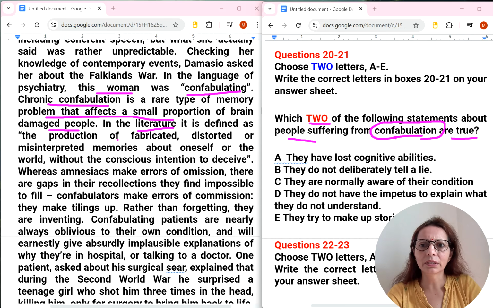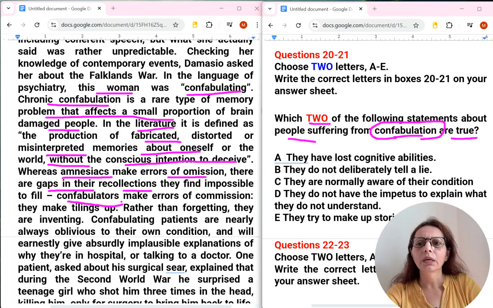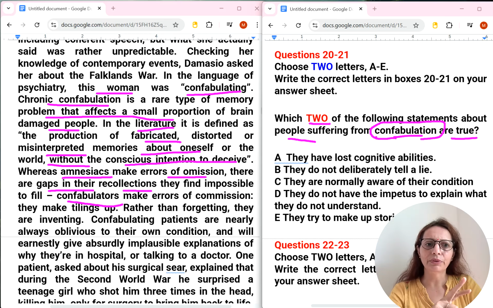Okay, in the literature it is defined as production of fabricated or distorted memories about oneself without the conscious intention to deceive. Whereas others make errors of omission, there are gaps in their recollection. Confabulators. Now I think people suffering from confabulation means confabulators.